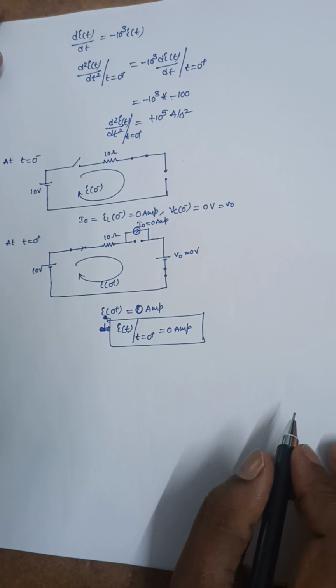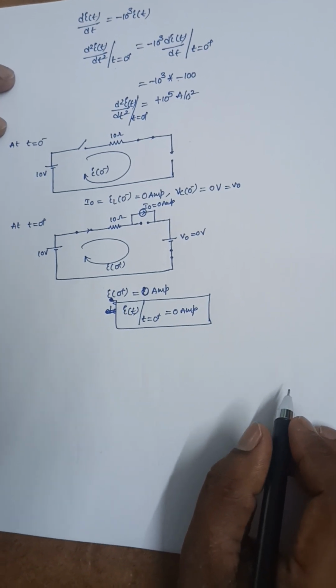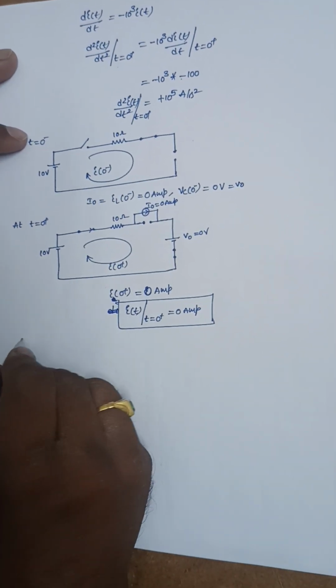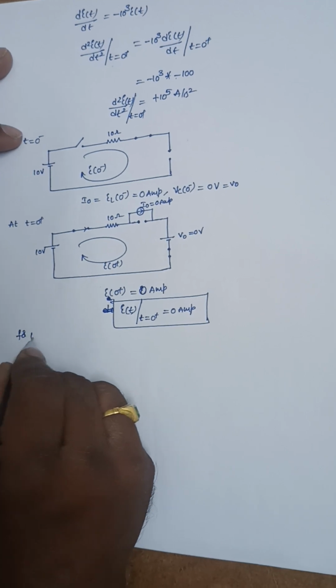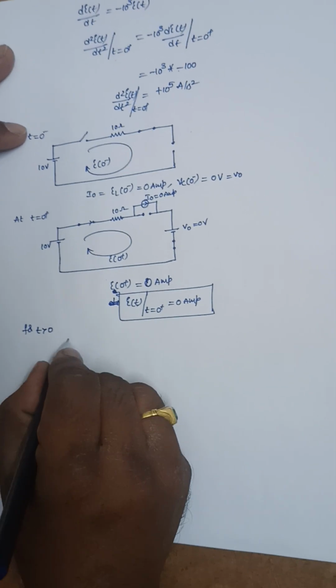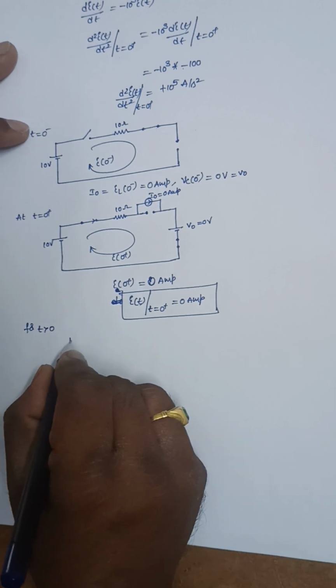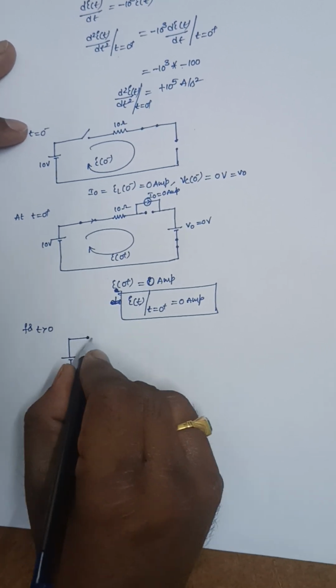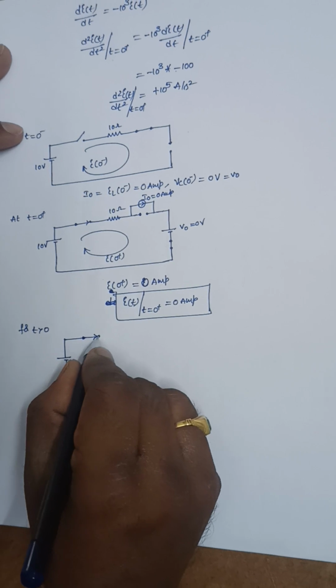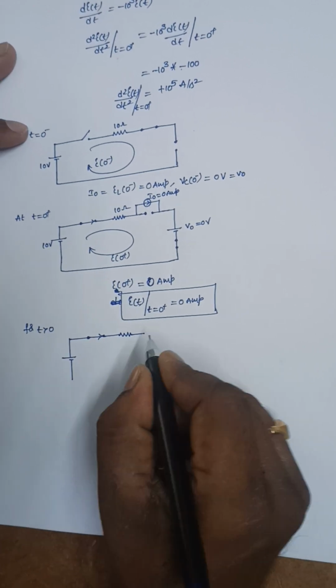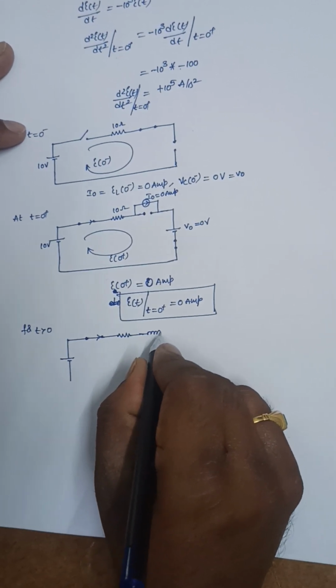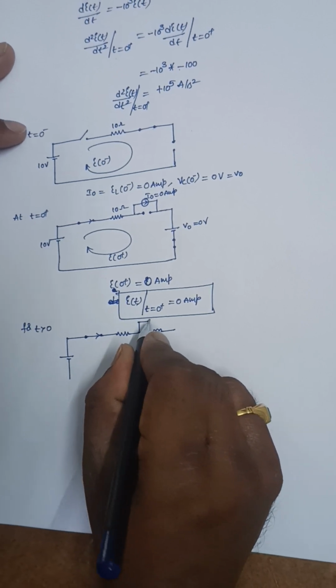Now I need to find the values of di by dt and d square I by dt square. For that I need to draw the circuit for t greater than 0. Here it is the circuit for t greater than 0. The switch was closed here. Now this is the resistance, and this has to be represented with its equivalent circuit, that is this one.